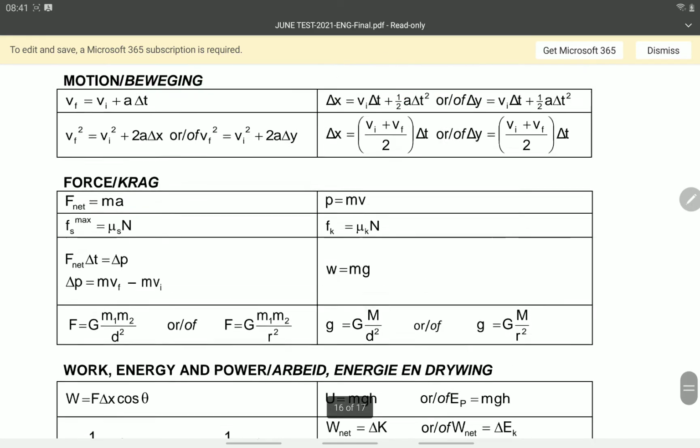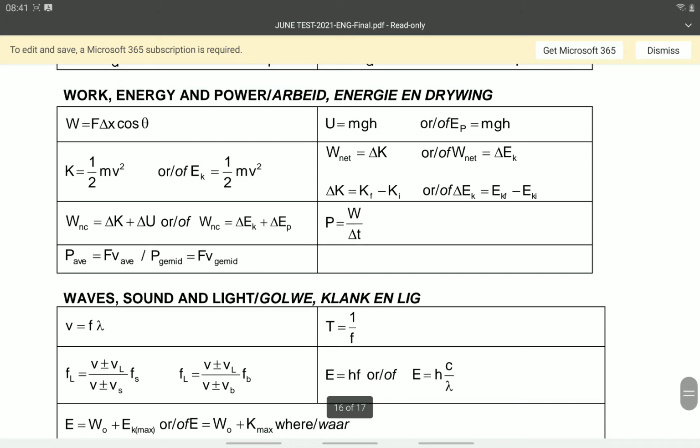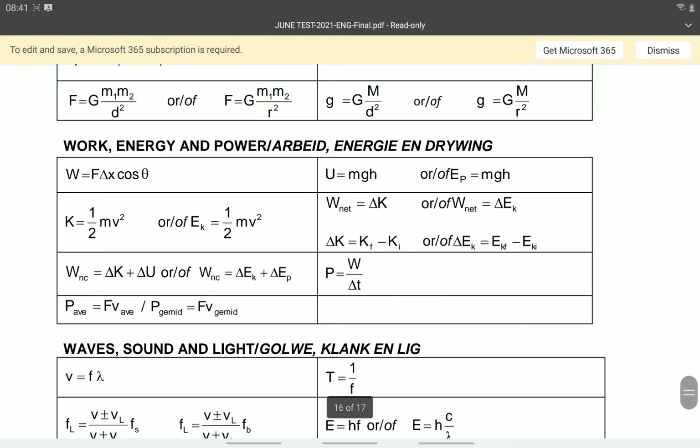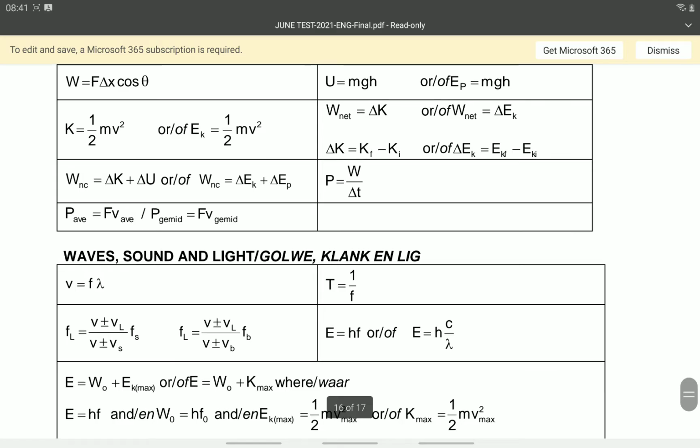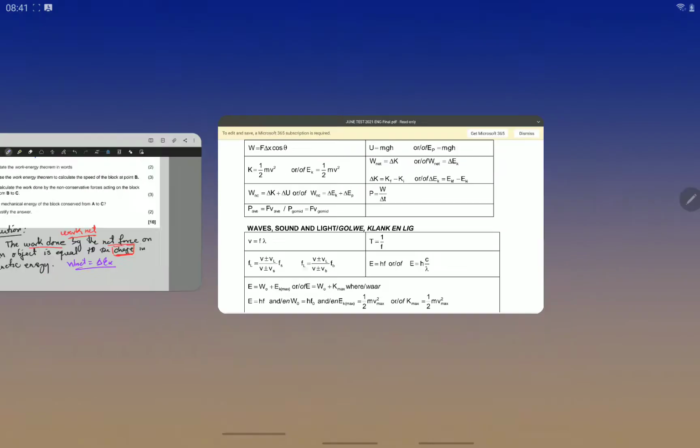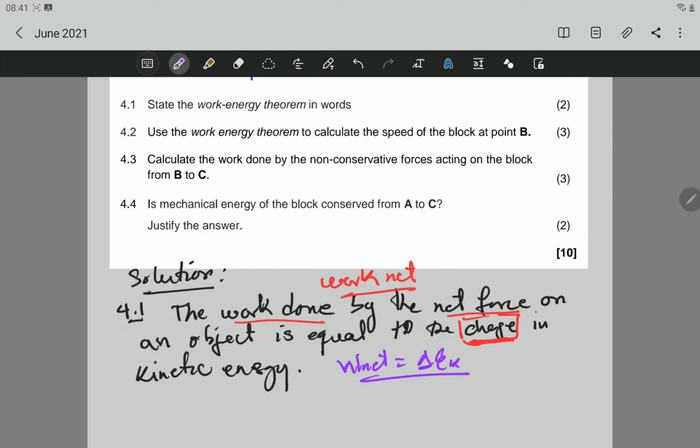You see, I'm just in the formulas of the question paper. You can see here right on the top right hand side, let me just move it up so you can see it. Here you can see the work energy theorem. All you have to do is to identify where it is and then write it down in words. The net work is equal to the change in kinetic energy. Alright, and then there are 2 marks for that one.